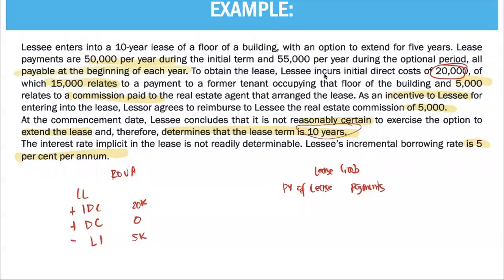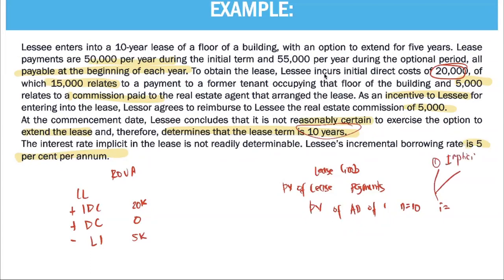So with 50,000 at the beginning of each year for 10 years, we use the present value of annuity due of 1, n is equal to 10 because the lease term is 10 years. And the interest rate is first the rate implicit in the lease.